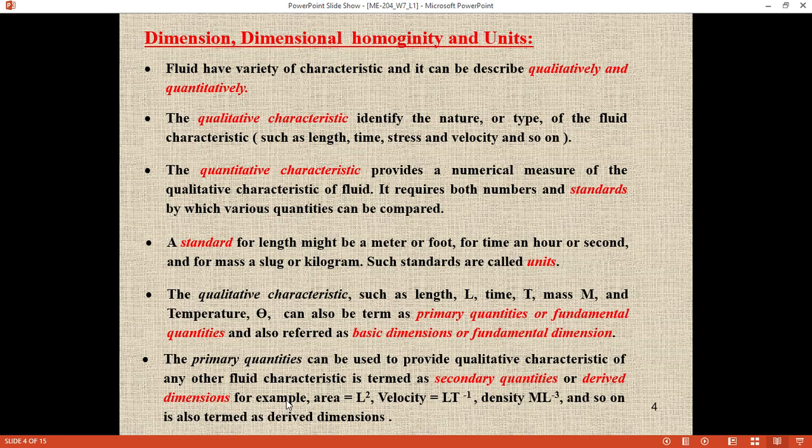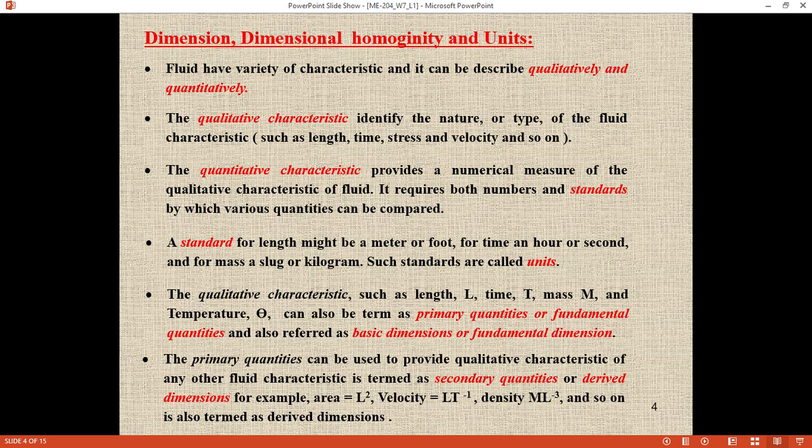For example, area. Area is derived from the fundamental or basic quantity, which is length L. So fundamental dimensions are the dimensions that cannot be derived from any other quantities. They are unique.